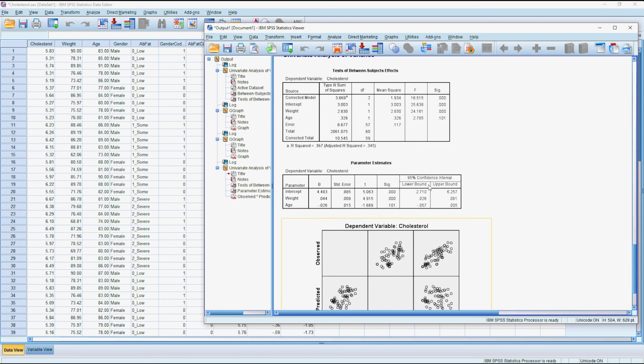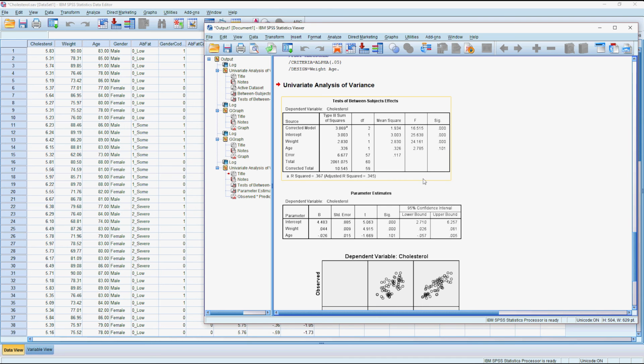Okay, so we've got the null hypothesis in each case is that there is no relationship. So there is no relationship between weight and cholesterol once age has been adjusted for. And we're looking just for a simple linear relationship, just a straight line, because that's all we've added in. And then we've got a null hypothesis for age, that there is no relationship between age and cholesterol once weight has been adjusted for.